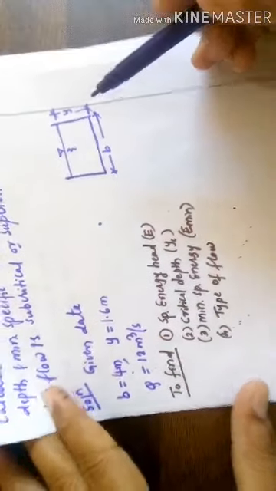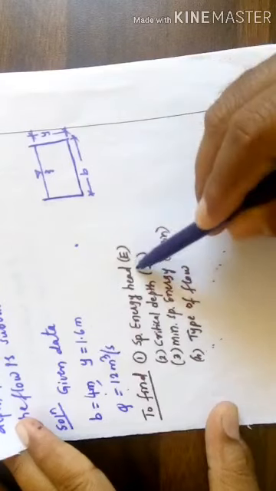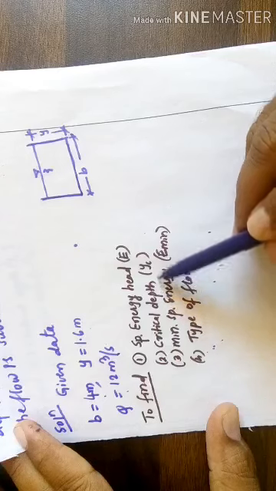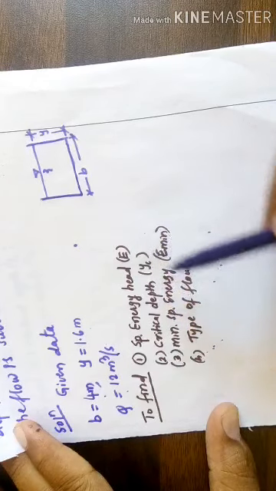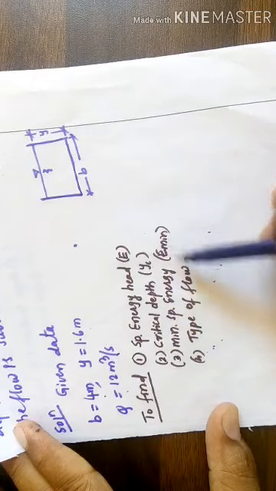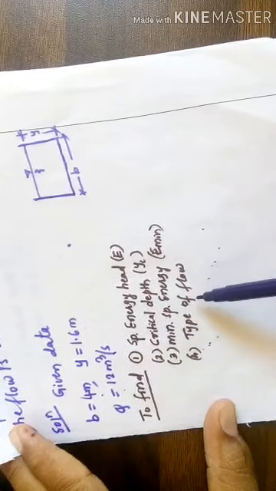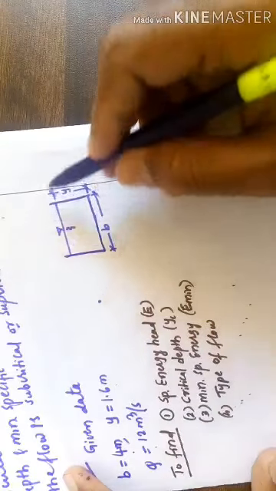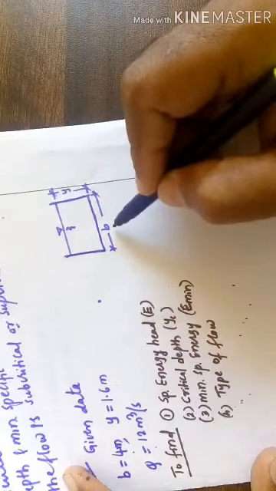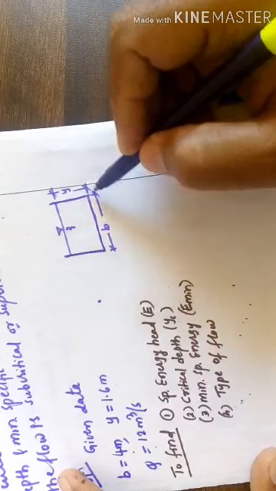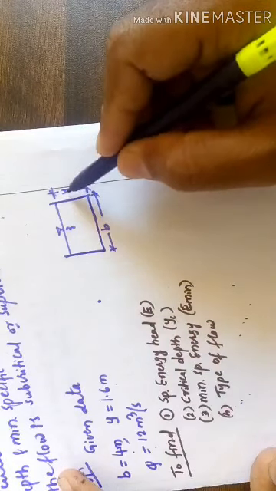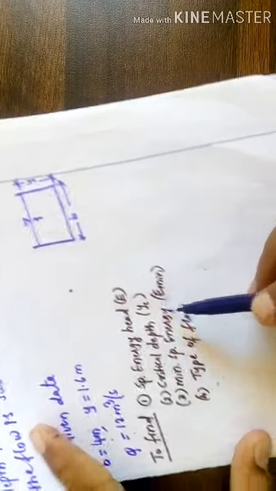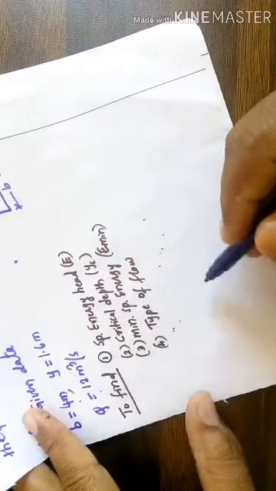What needs to be found is the specific energy head, the critical depth of flow in the rectangular channel, the minimum specific energy, and at the end the type of flow.